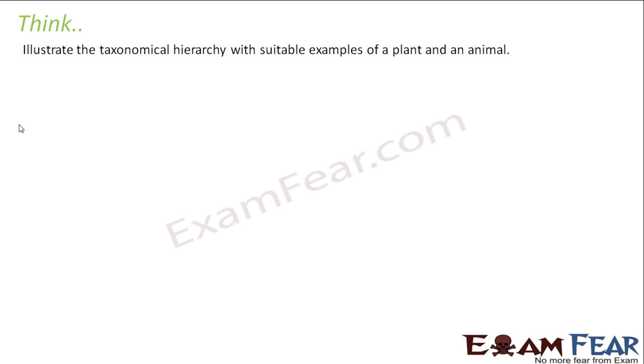Illustrate the taxonomical hierarchy with suitable examples of a plant and an animal. Again, the same thing, you need to define the biological classification of a plant and an animal. When I say a plant, we can take the example of a mango. When I say animal, we can again very well take the example of human beings.